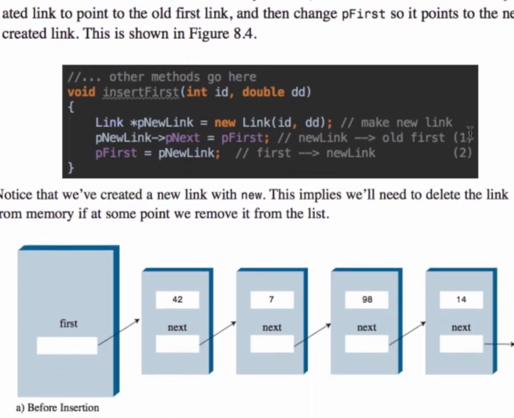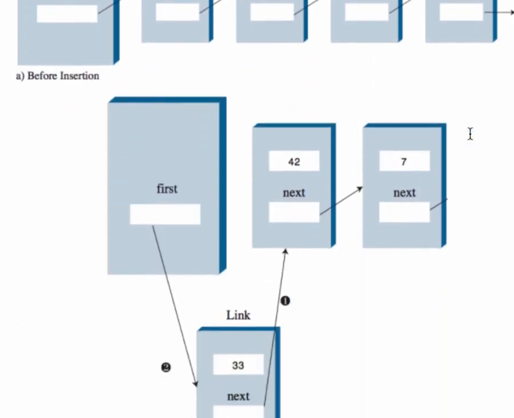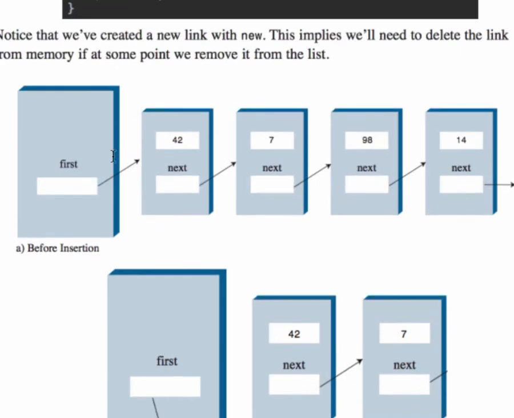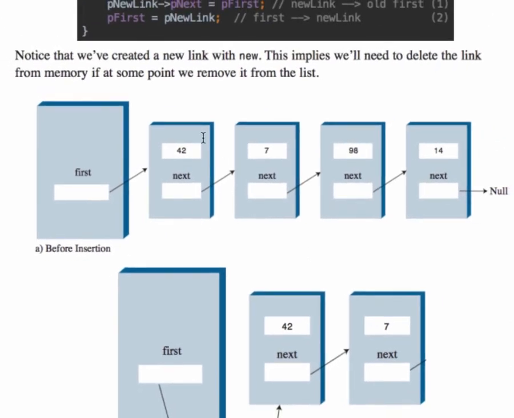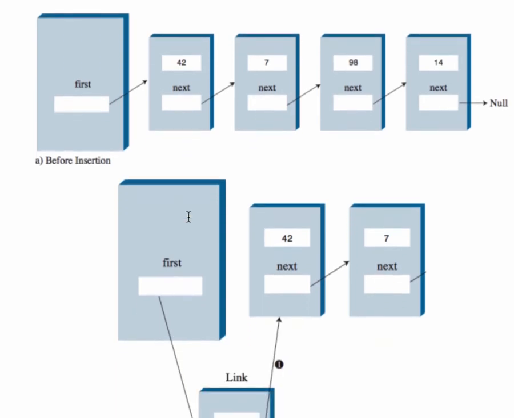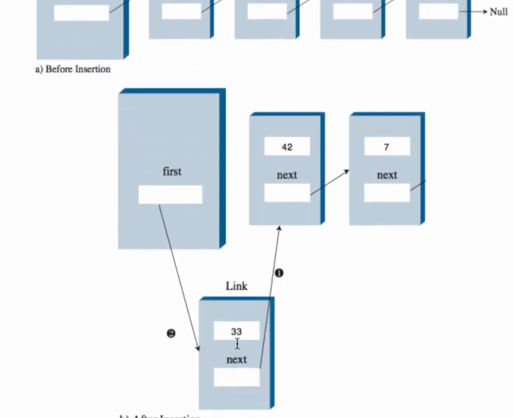And I have a little number here. This is step 1. Suppose you had some kind of linked list like this initially. This is your linked list. You had one link that had a value of 42, another one that had a 7, another one that had some other number, and then the very last one, the next field of it, is equal to null. Okay? So the first thing that I need to do is, this is my new link. Let's say that one has a value of 33.